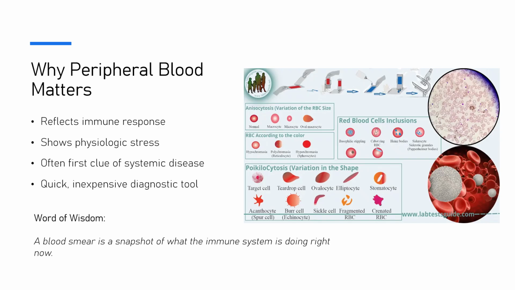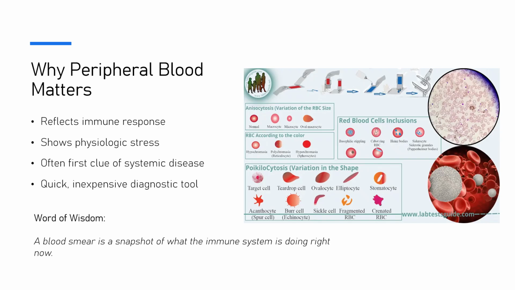Third, the peripheral smear is often one of the earliest clues of systemic disease. Before more complex testing is performed, changes in cell morphology or distribution can alert clinicians that something abnormal may be happening. And perhaps one of the biggest reasons peripheral blood smears are so widely used is that they are quick and relatively inexpensive.